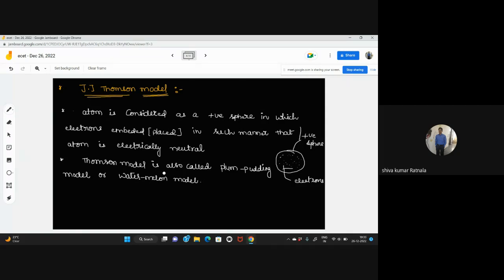Next one, Rutherford's alpha scattering experiment.